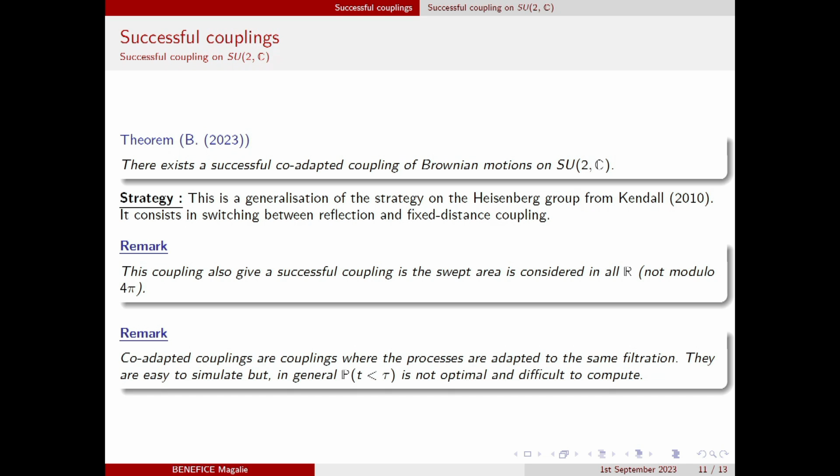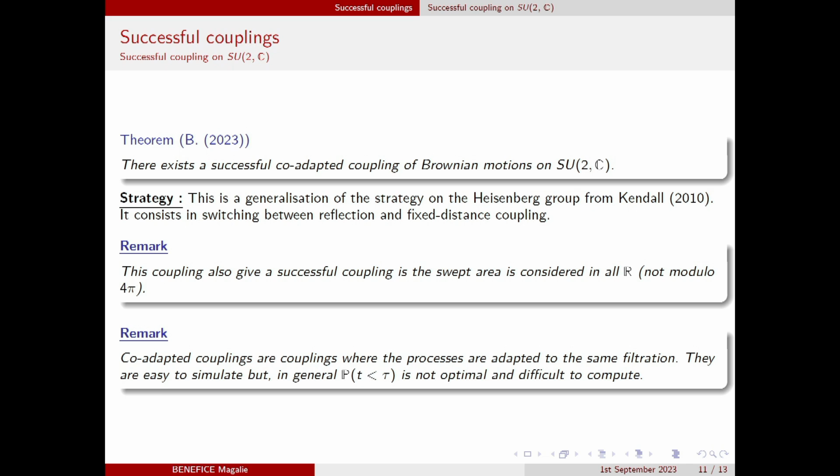Another thing is what I call co-adaptive coupling. So what is co-adaptive coupling? The examples I gave before were co-adaptive couplings. The idea of co-adaptive coupling is that I won't look at the future of one of the two curves to construct my Brownian motions. This is not always the case.